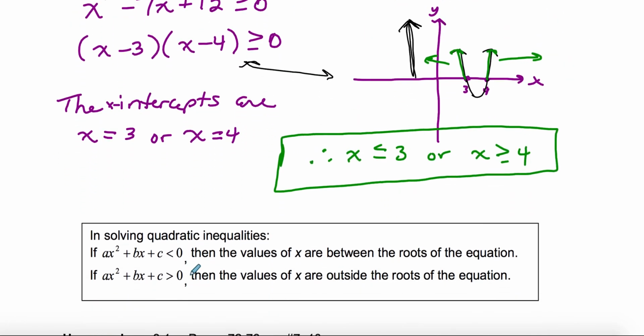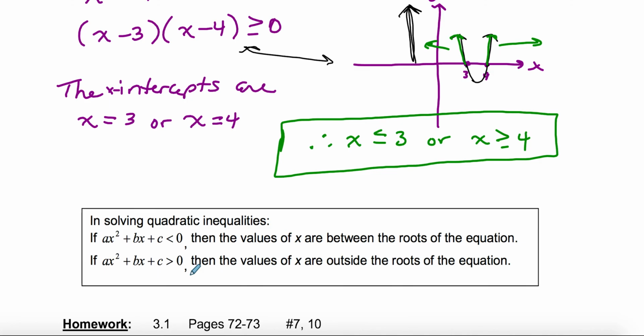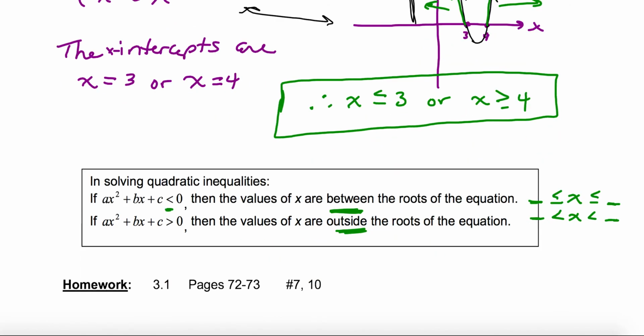So there's a little summary at the bottom. If we're using the less than sign, then the values are between the roots. You'll have a value less than or equal to x, less than or equal to some other value, or maybe you're just using less than signs. That is what happens when something is in between the two roots.